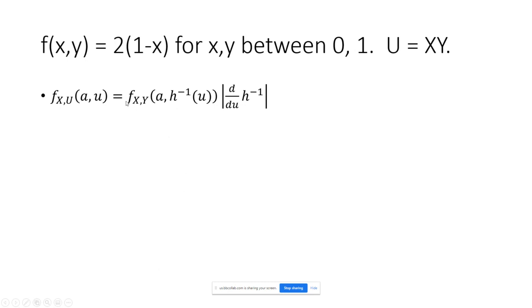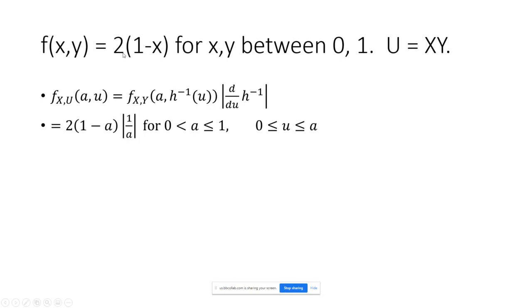All right. So finally, we want to put this together into the formula for the joint density of x and u. Give that a try. All right.